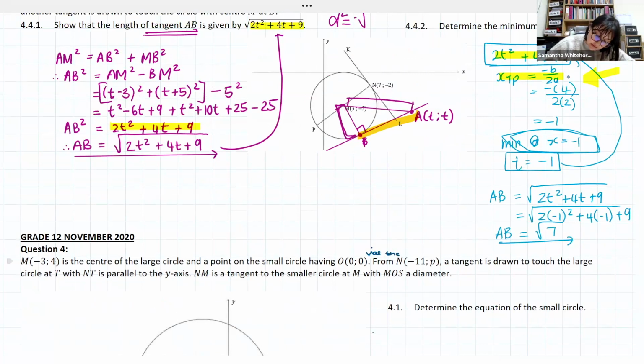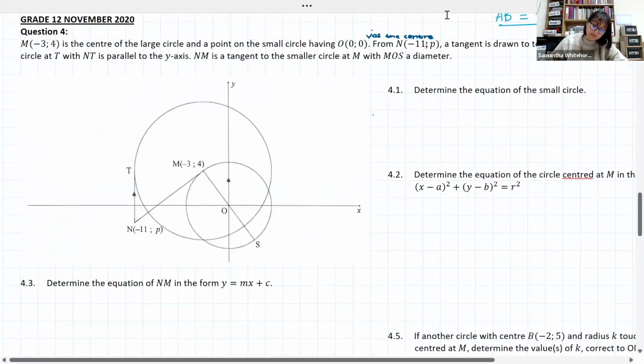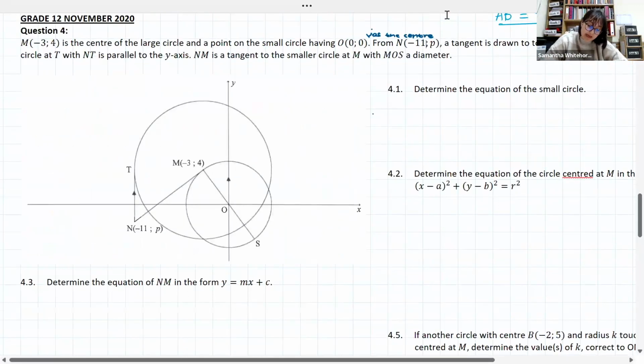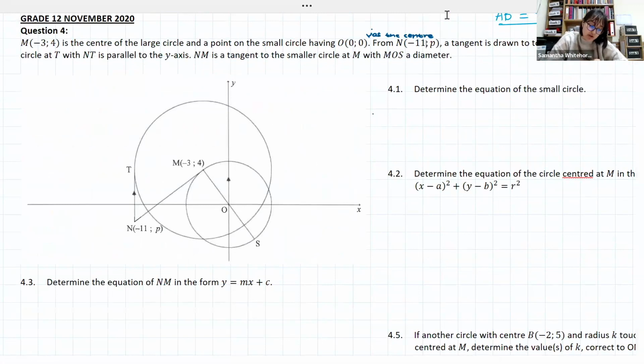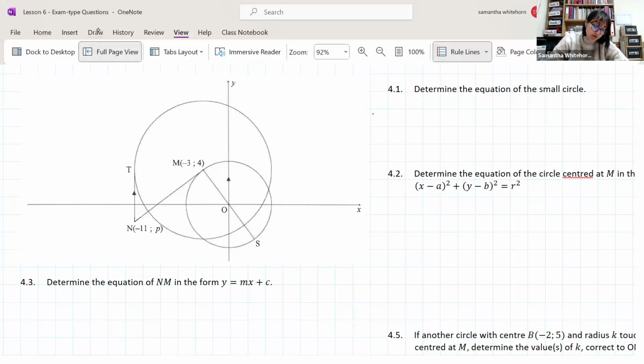From N, which is at (-11;p), a tangent is drawn to touch the large circle at T with NT parallel to the y-axis. NM is a tangent to the smaller circle at M with MOS a diameter. So there's a fair amount of information that we've been given here. So let's just go through all of that to make sure that we are understanding what we've been given.